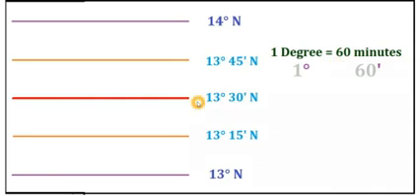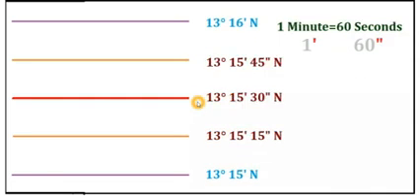Now 1 minute is also further divided into 60 seconds, and at each second there is one line, but we just show one line at every 15 seconds.